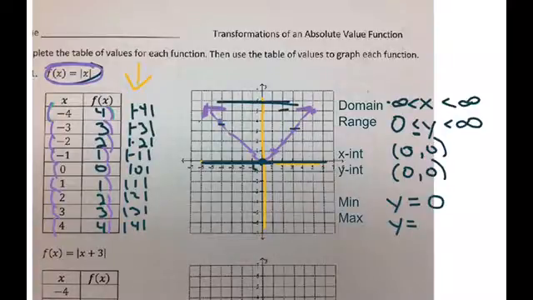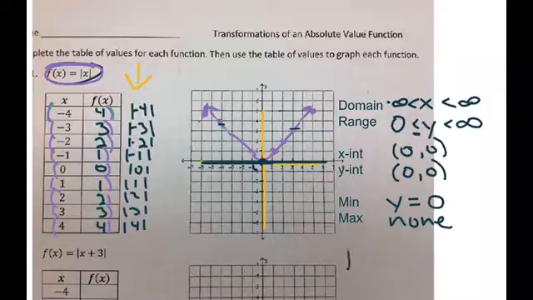I didn't have a top to my box, did I? I didn't have a top to my box, so instead of a y equals, we have no or none. What is the maximum? We have none. We have no maximum. I always get confused whether we should put no or none. Alright, so that is what I want you doing on all of these problems.